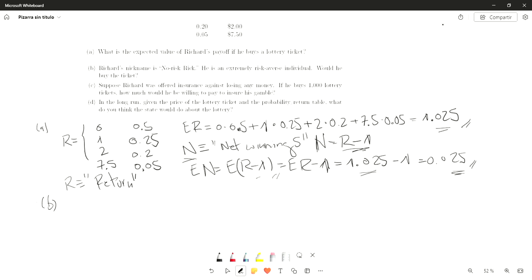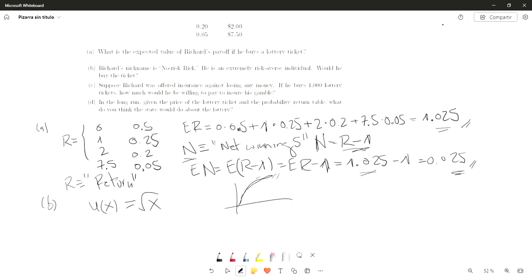Extremely risk-averse individual means that he plays applying a utility which is of the form u of x equal to the square root of x, or something which is of the form concave. If you plot it, we will have this kind of shape.